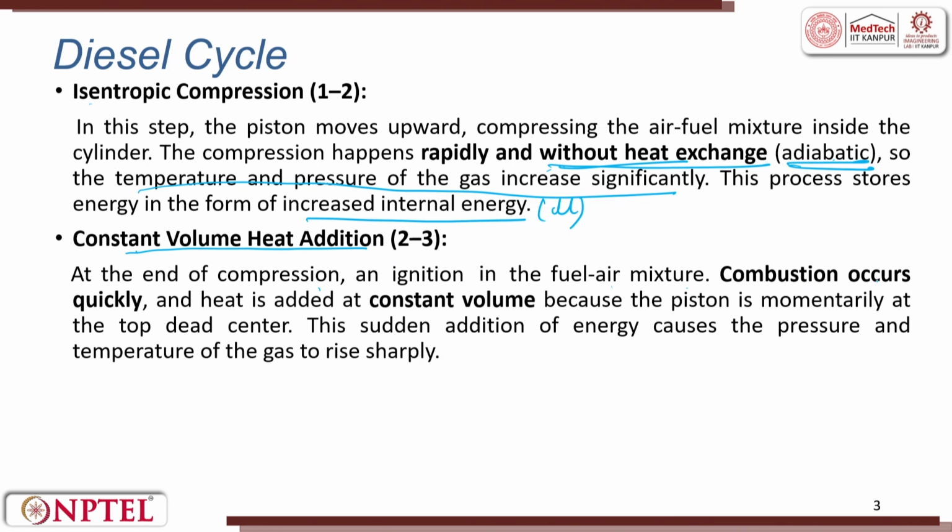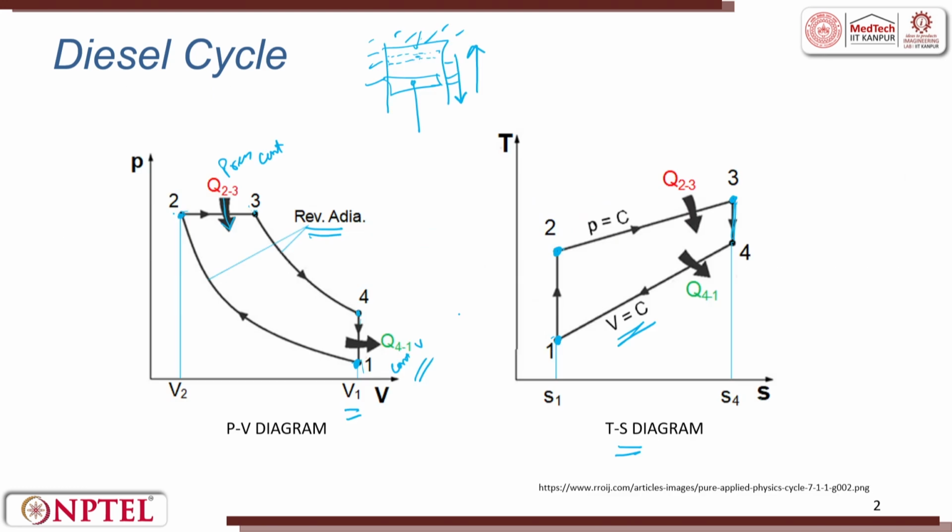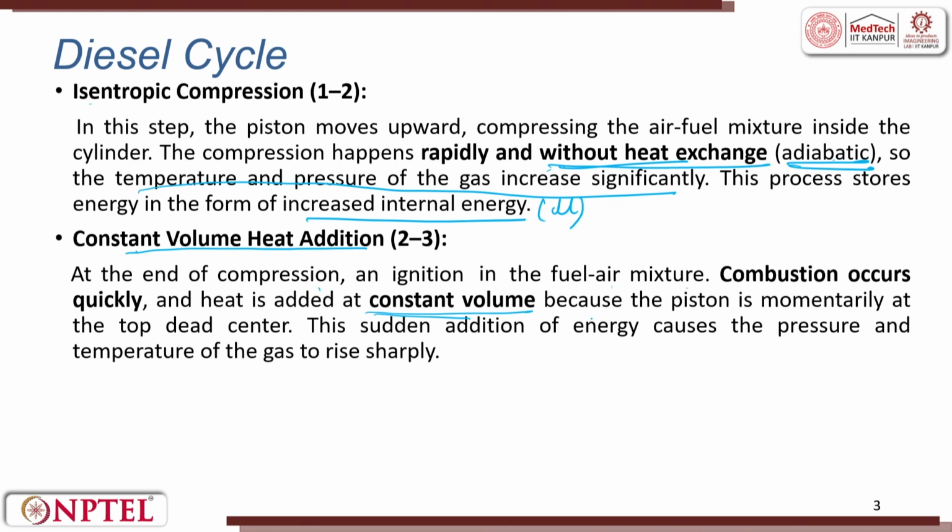The combustion occurs quickly and heat is added at constant volume. Volume is constant because the piston is momentarily at the top dead center. This sudden addition of energy causes the pressure and temperature of the gas to rise.